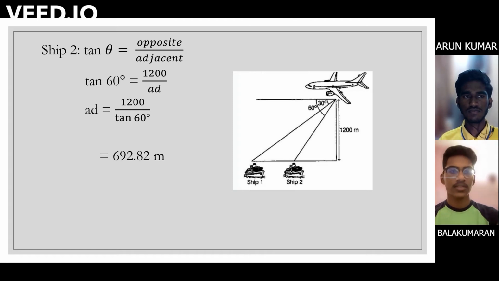Substituting the 60 degree angle, tan 60 degrees equals 1200 over adjacent. To find adjacent, we divide 1200 by tan 60 degrees, and we get the answer 692.82 meters.